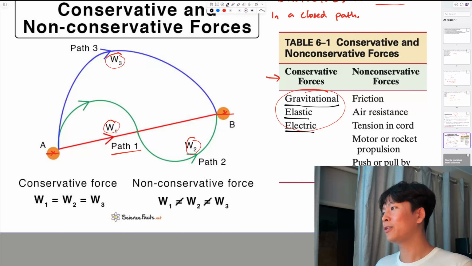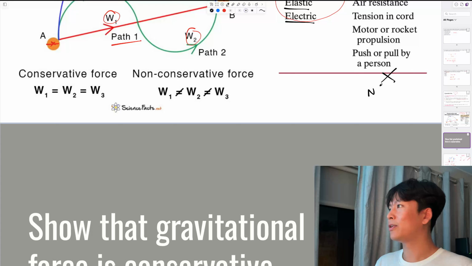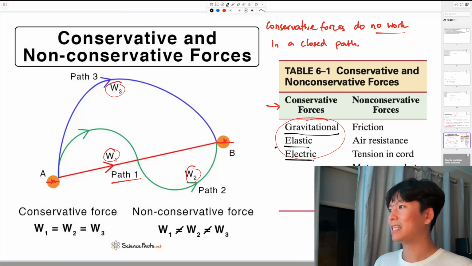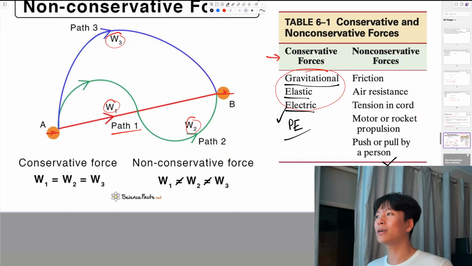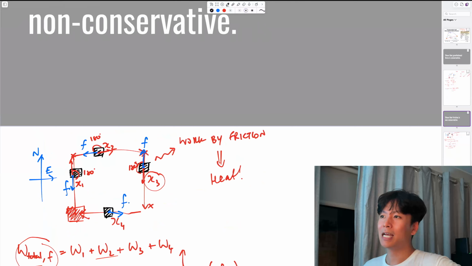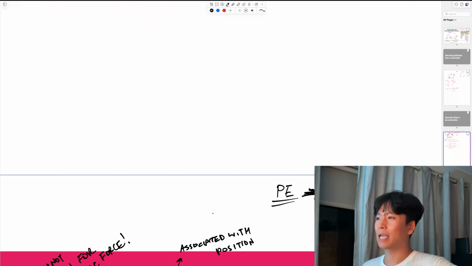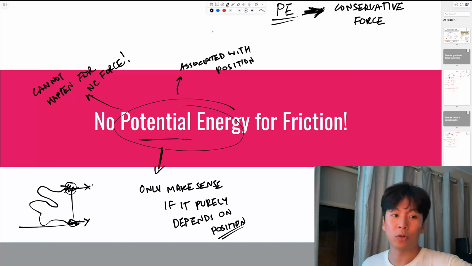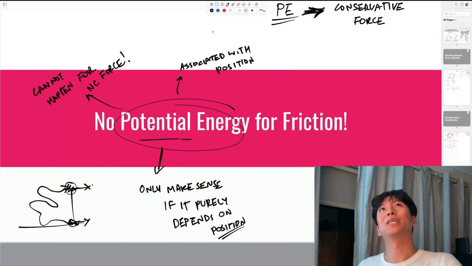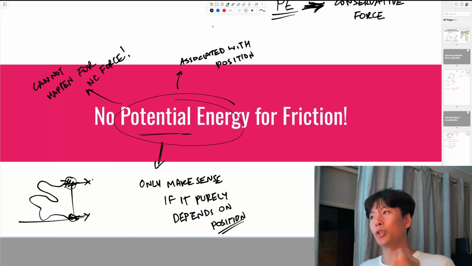No potential energy for these ones, and yes, potential energy for these ones. So only conservative forces can have potential energy. Or rather, not that they cannot have it, but we cannot define potential energy for non-conservative forces.